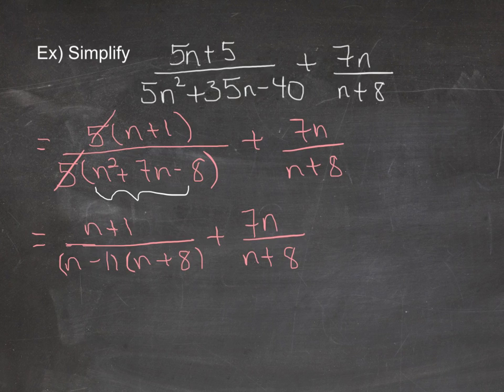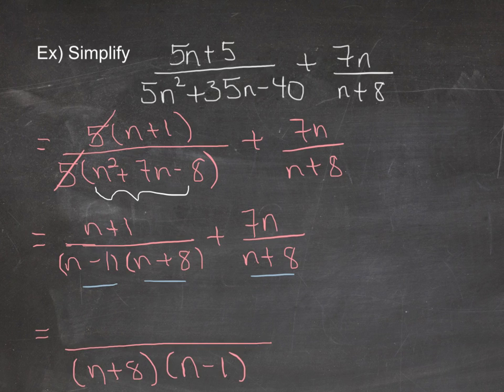Now I'm going to make a common denominator. I factored everything as much as I can, so I'll make a common denominator to bring these two rational expressions together. So I see here that I have an n minus 1, an n plus 8, and an n plus 8. So my common denominator, when I bring them together, will only need one of those n plus 8, because it's already common in both, and then I also need the n minus 1.